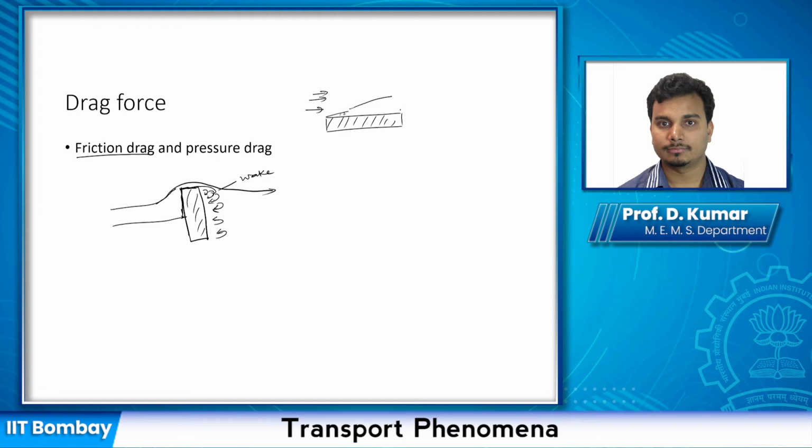In this case, you didn't have any flow separation. You could have flow separation, but we didn't consider those cases here. In this case, you have flow separation, and you can see that there are some normal forces contributing to or obstructing the flow. So there is another drag that is due to pressure. This is known as pressure drag.